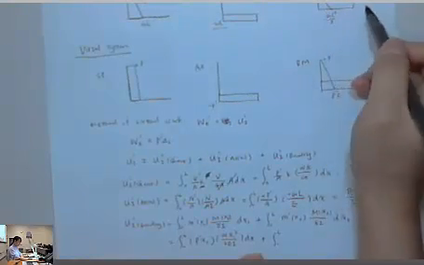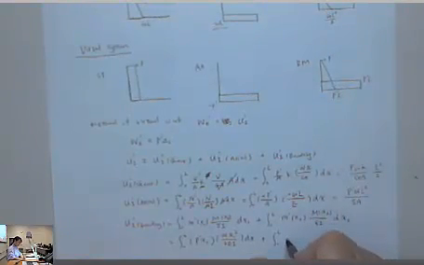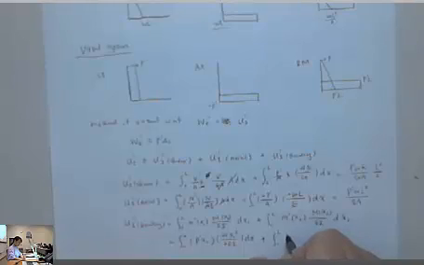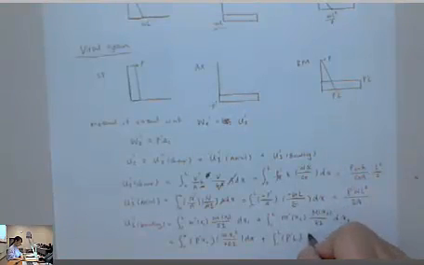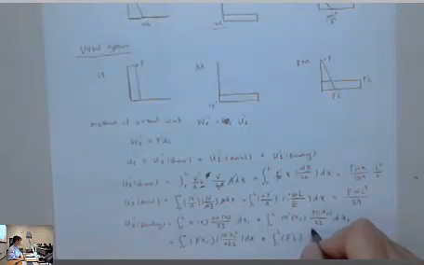And then for this member, the virtual moment will be just P prime L since it's constant. And how about the curvature, the real curvature?